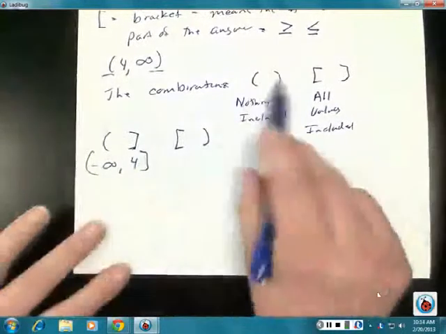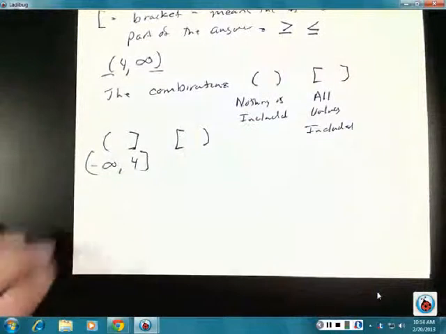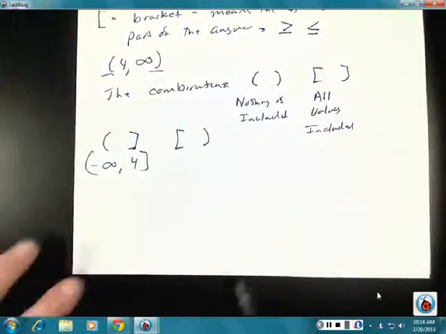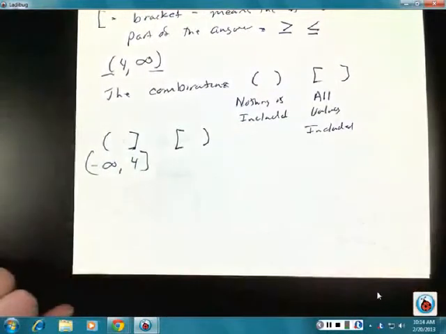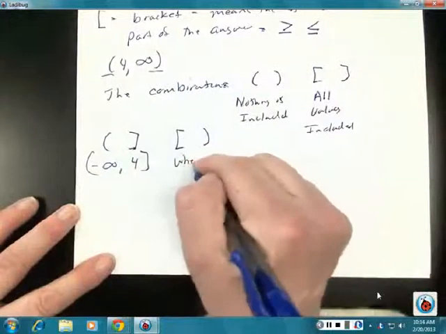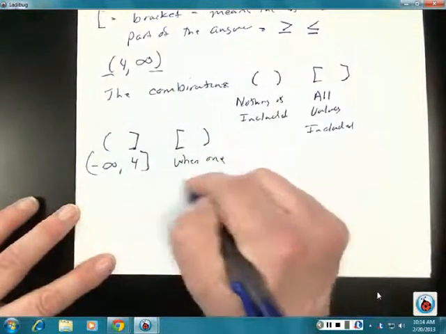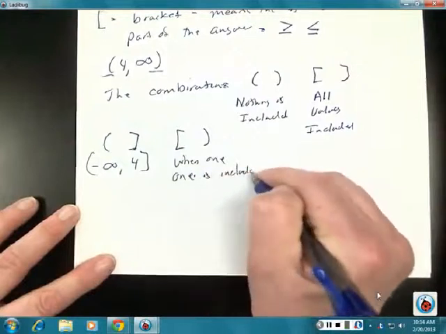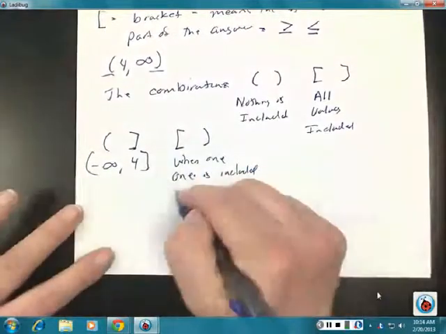Each one of these ends up showing up in the keypad that you have in Hawks. So you'll see all of those, and you can choose which one you want to use for your answer. So you're going to have each one of these pieces coming up that you can pick out, and you can show what's happening with your problem. And this is again when one thing is included and the other isn't.